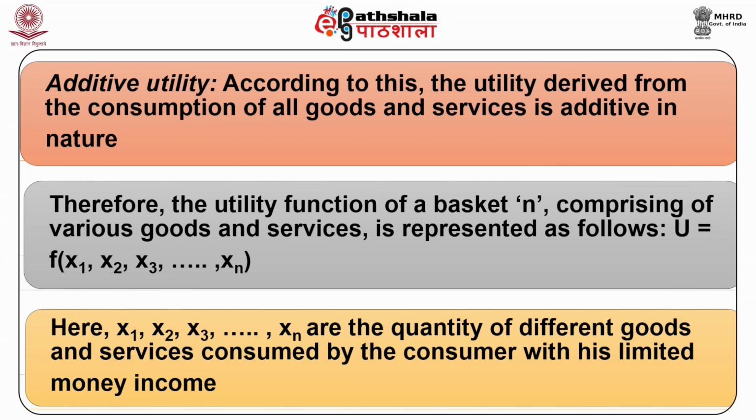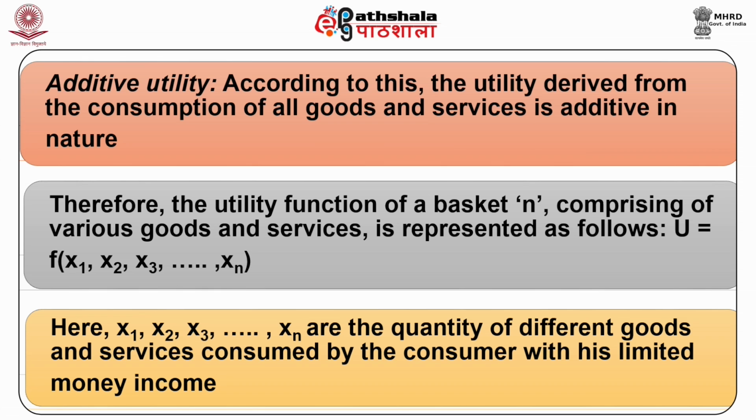Therefore, the utility function of a basket N comprising various goods and services is represented as follows. Capital U is equal to f(x1, x2, x3, and so on till xn).